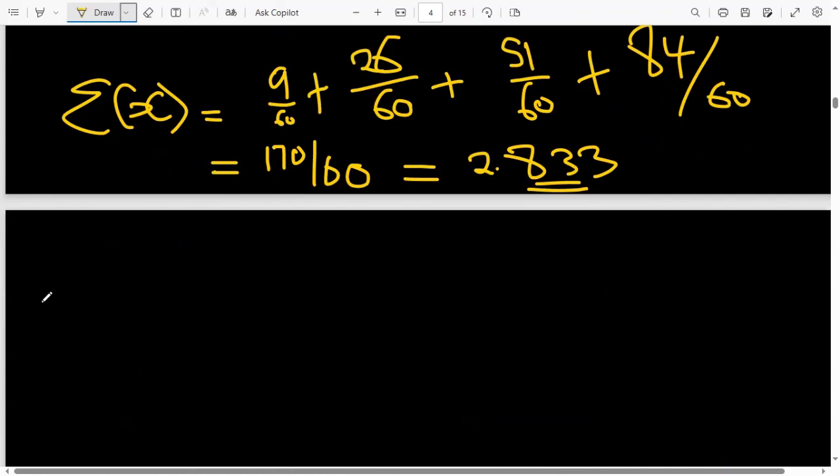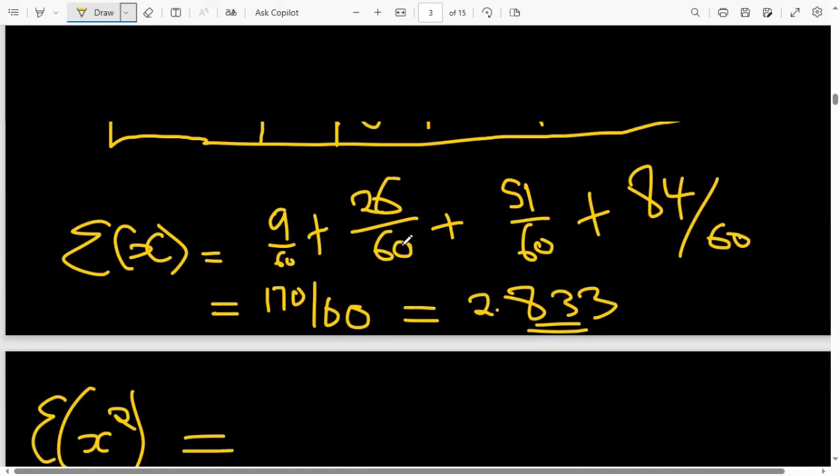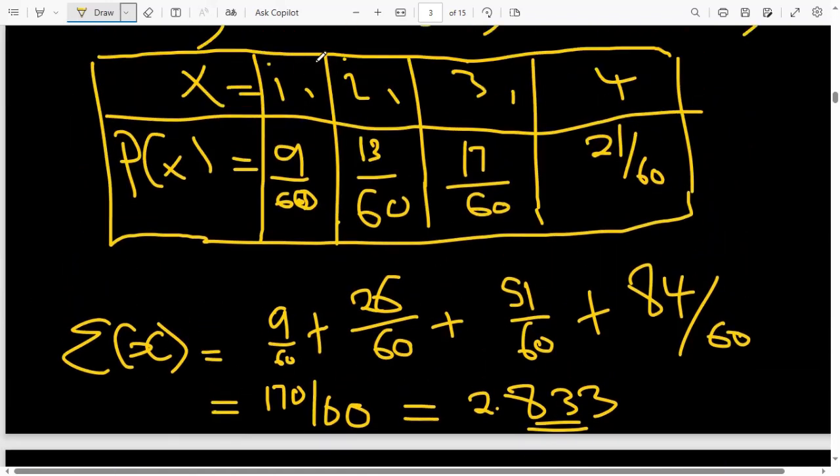So now let's find the expected value for X squared. It means here we are just going to be squaring this random variable and then we multiply by the probability. Square the random variable 2, we multiply by the probability. Square the random variable 3, we multiply by the probability. And then we do the same for the 4.